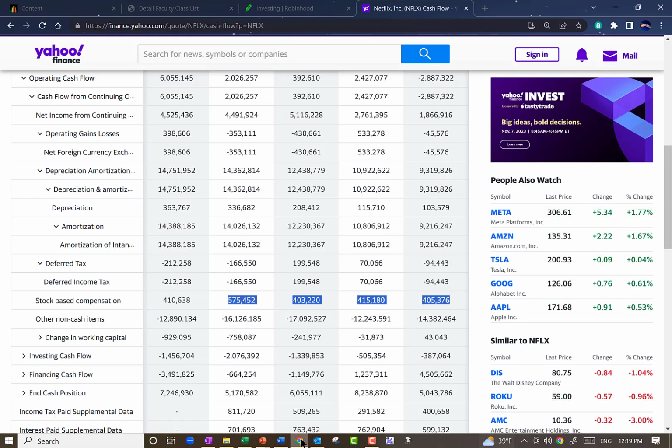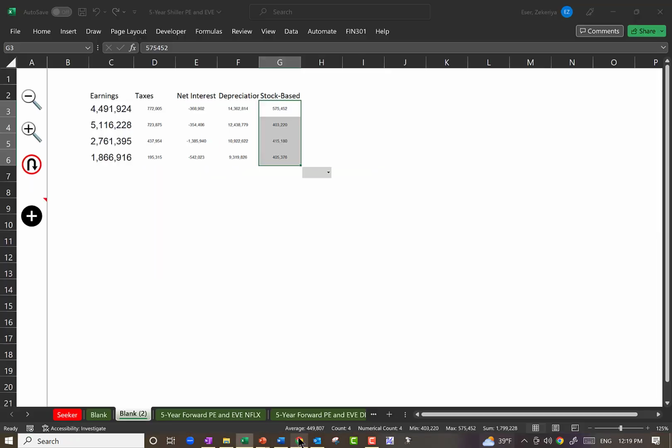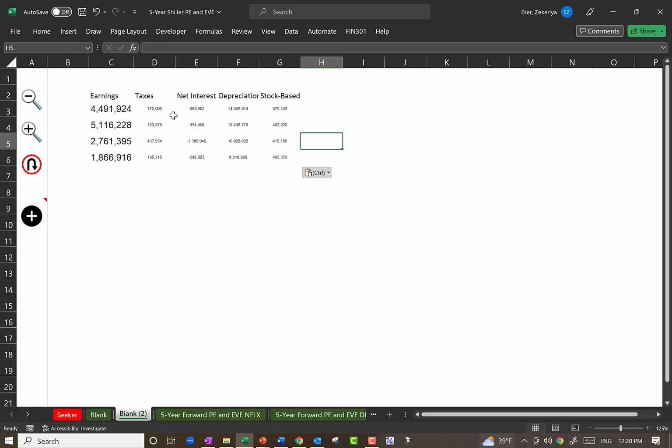Let's see if there's anything else interesting. I don't know what other non-cash items are. That's again accruals, but since I want to do it, I have time to do it for Disney as well.